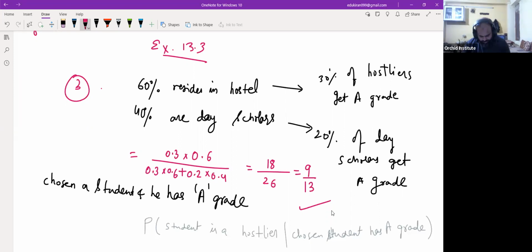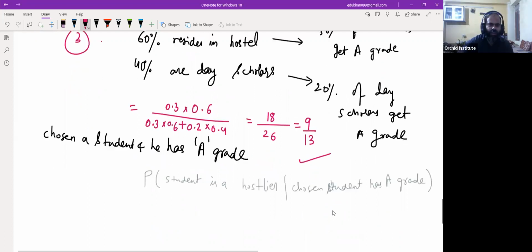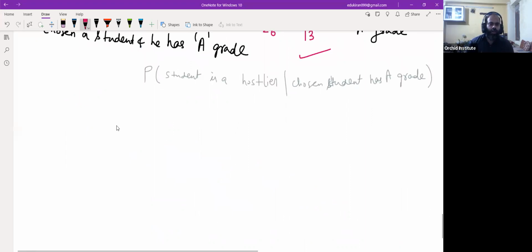So just try question number 4, and then question number 5, and then 12, 13. 4, 5, and 12, 13. Try these questions.